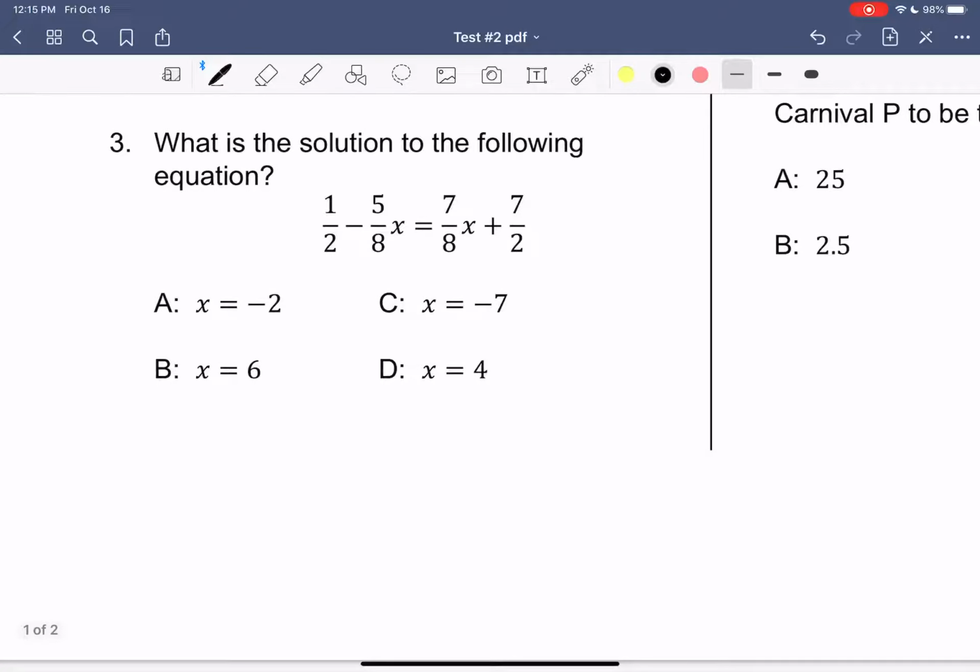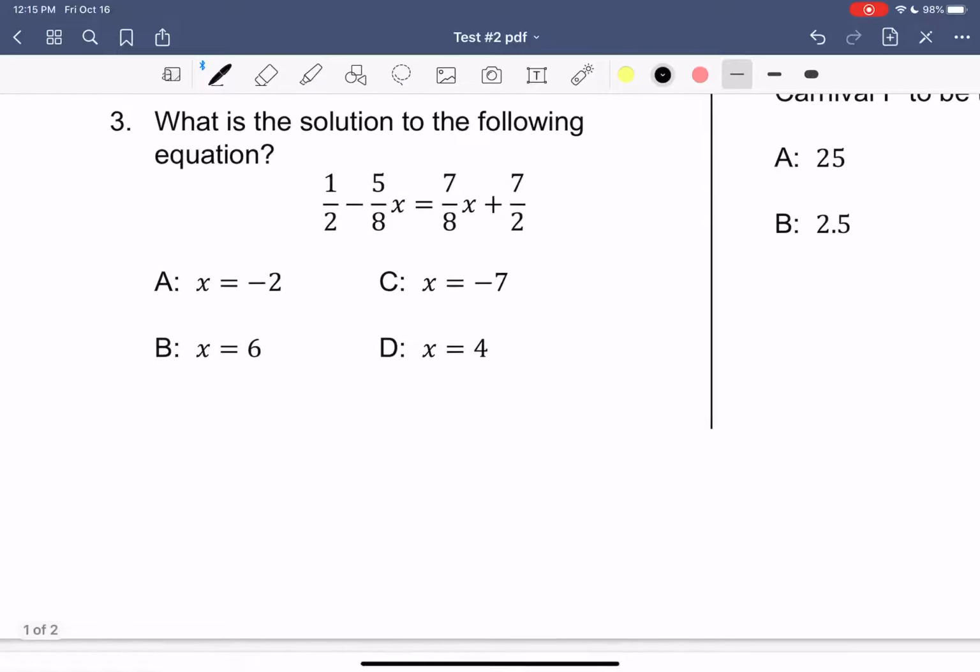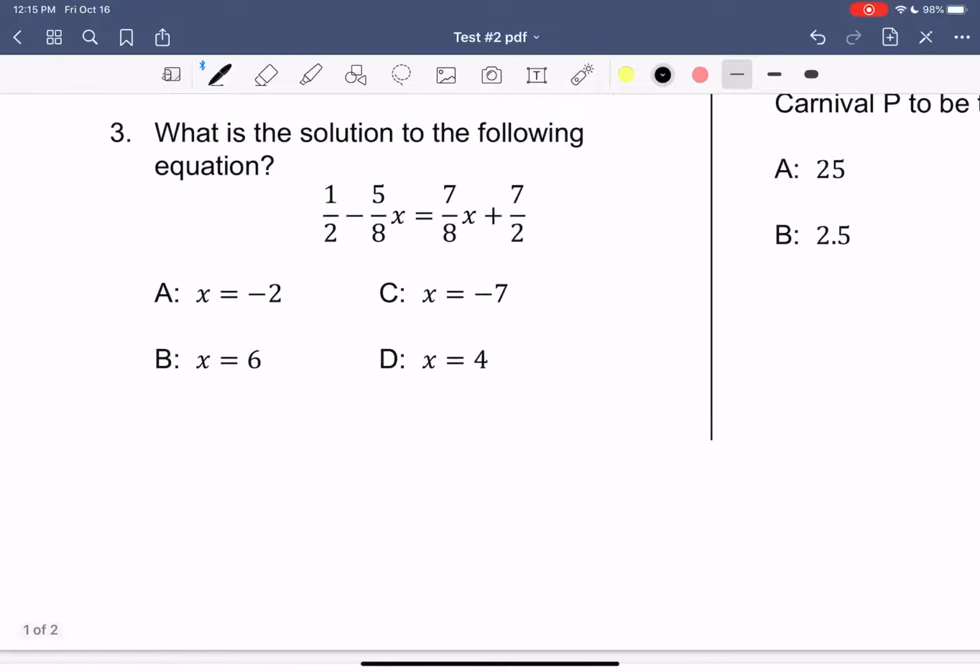All right, this one could be kind of tricky, but we're going to break it down. I'm going to rewrite my equation down here and give you a chance to rewrite it on your paper. So 1/2 minus 5/8x equals 7/8x plus 7/2.